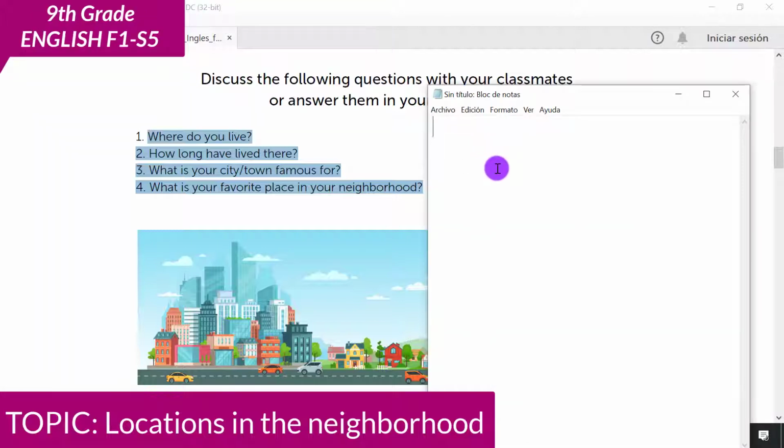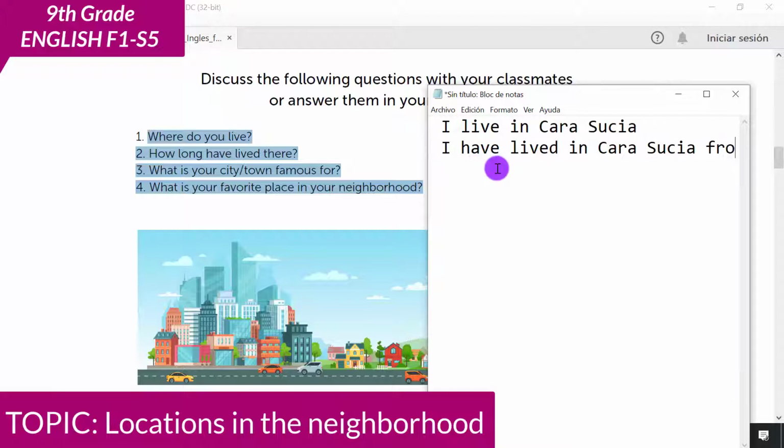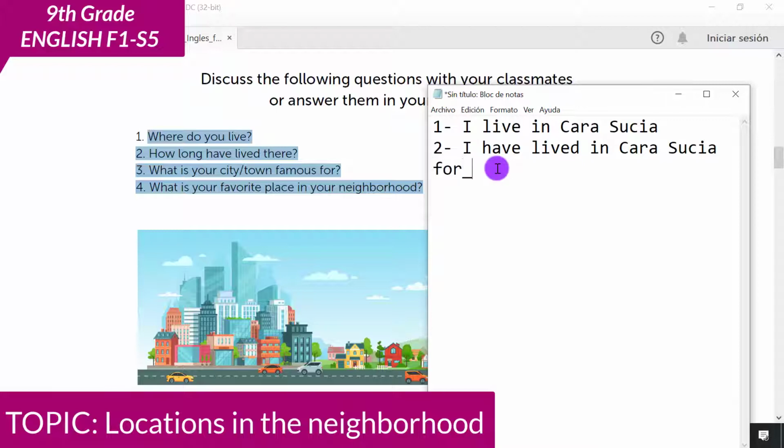For example, question number 1. Where do you live? I live in Cara Sucia. Yes. Question number 2. How long have you lived there? I have lived in Cara Sucia for... Y ahí le pones cuánto tiempo va.